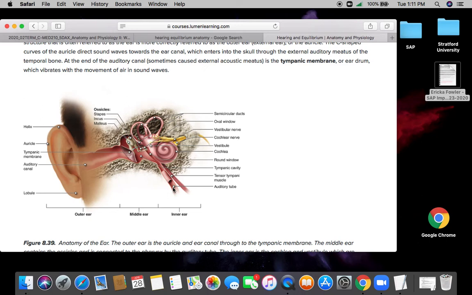And it's supposed to equalize the pressures. That's what happens when you go up very, very high in the air or very, very deep in the water, that's why you feel your ears pop, and it's because of this eustachian tube. Okay? So that's hearing.